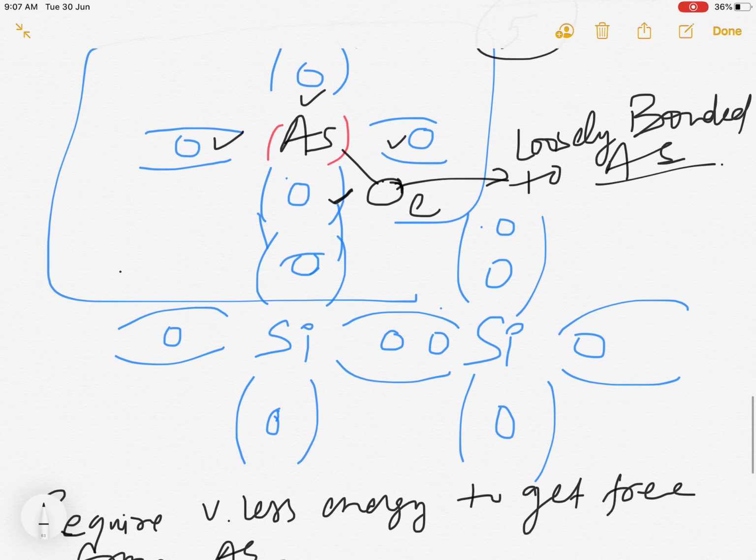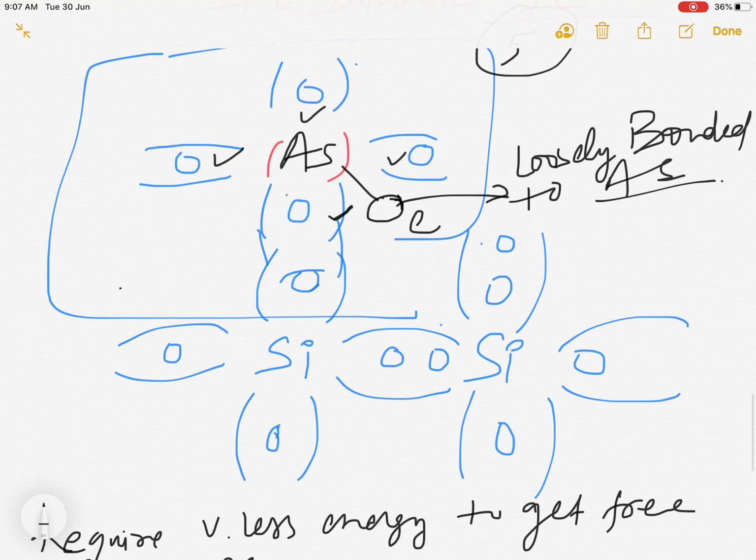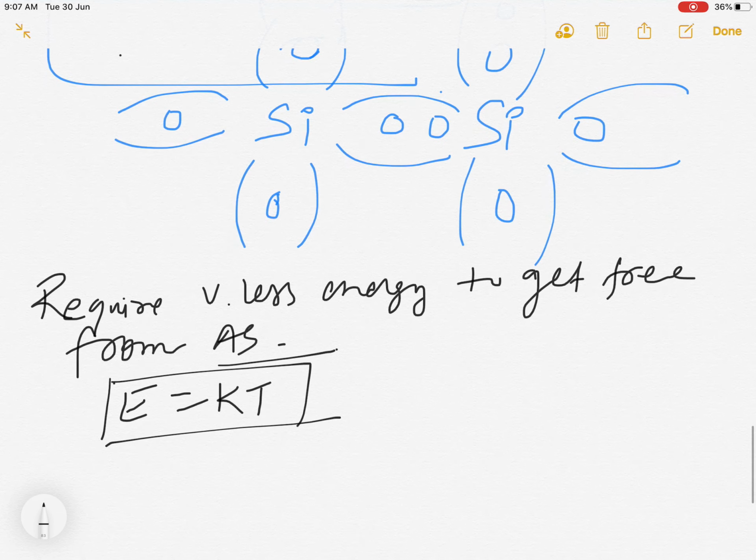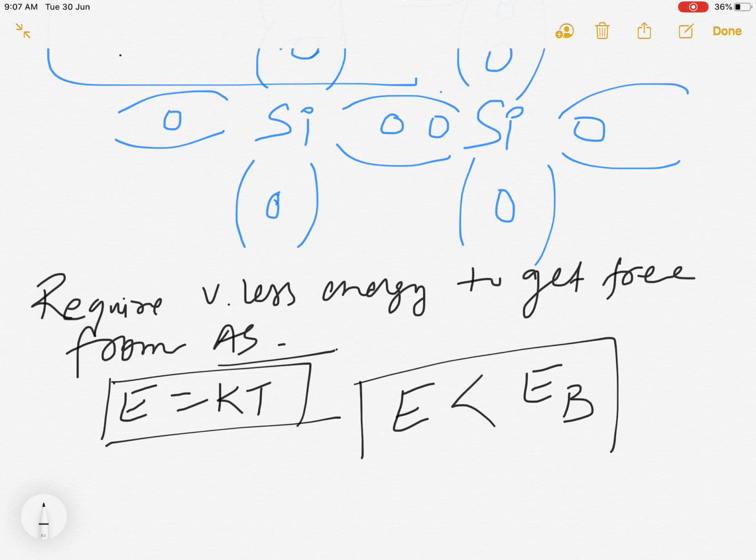So if that kT energy is sufficient to make that electron free from its parent atom, but that energy E is less than the bond energy, bond energy of what?